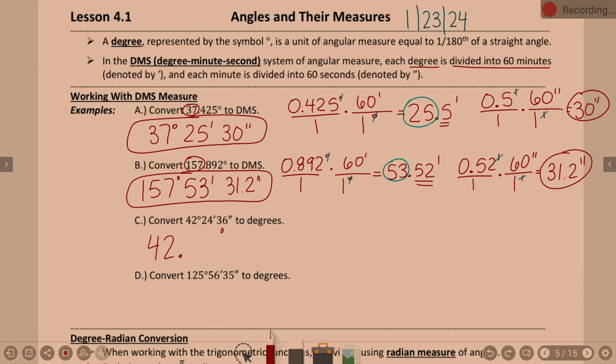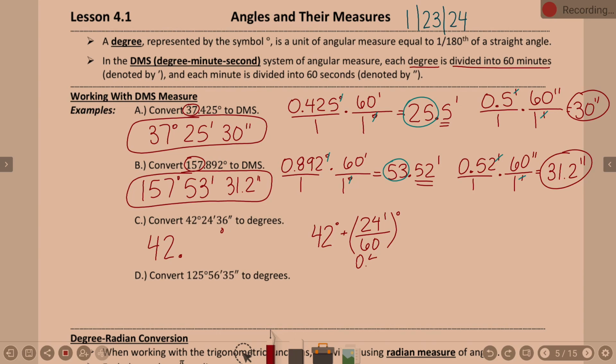But we know we're going to have the 42, right? Then, you just told me we're going to take the 24 minutes and do what with it? Divide by 60. What is 24 minutes divided by 60? Was it 0.4? Yeah. Okay.